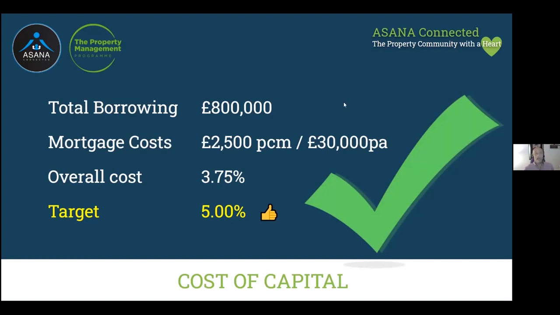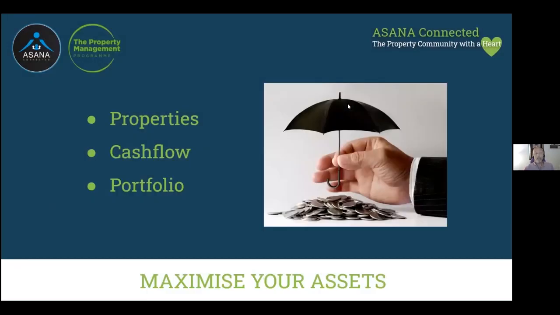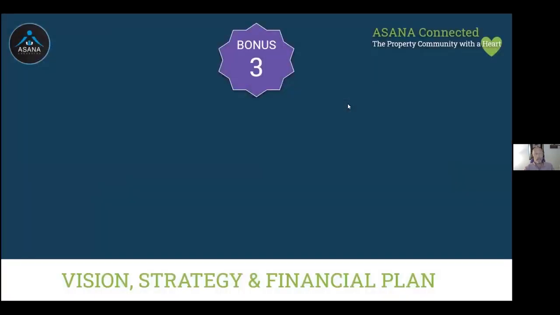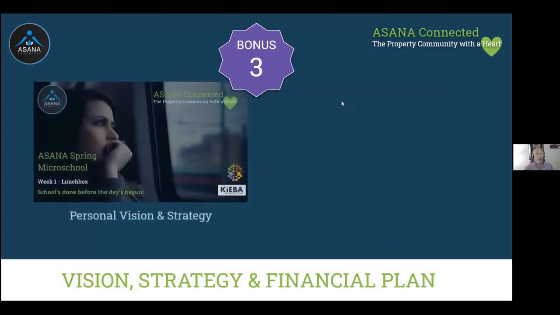Okay, well, there was quite a lot to get through there. Those were some very quick and simple tips around managing your properties, your cash flow, and your portfolio. To help you a little bit further, we want to give you all the help that we can. I thought I would share with everybody here today something from our Spring Micro School that looked at both setting out your strategy and creating an outline financial plan.